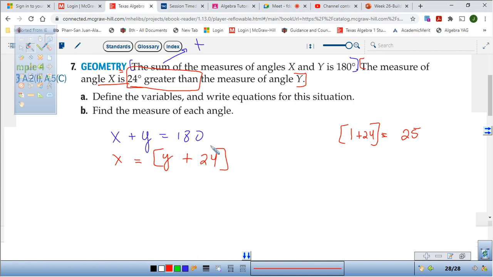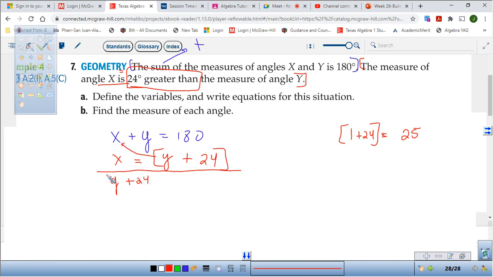Okay? Let me see, let's come out here. There is my equation 1, equation 2. I'm going to get this thing and plug it into right there. Plug it in. Let's do that. So we're going to have y plus 24.